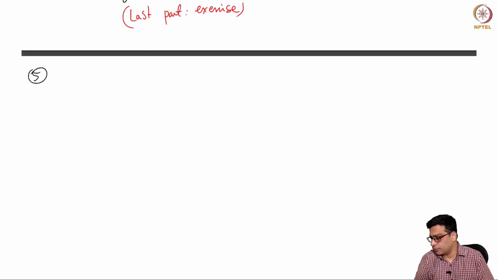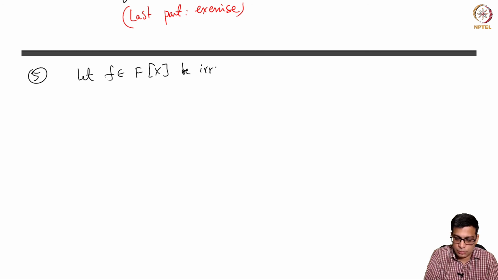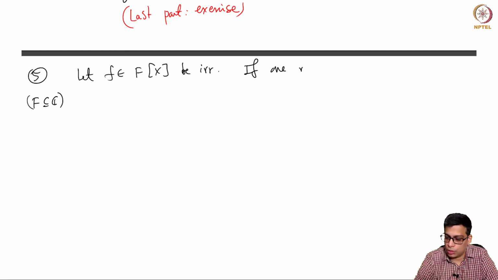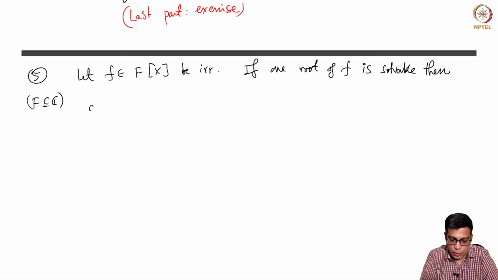This is also something we have done before. Now let's take f to be an irreducible polynomial. As always, capital F is a subfield of C. Then if one root of f is solvable, then all roots of f are solvable.